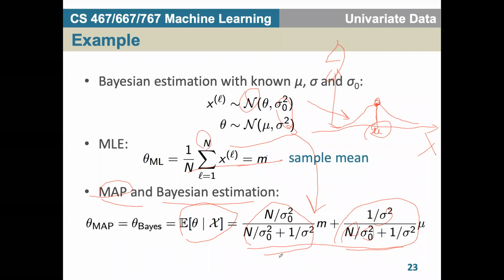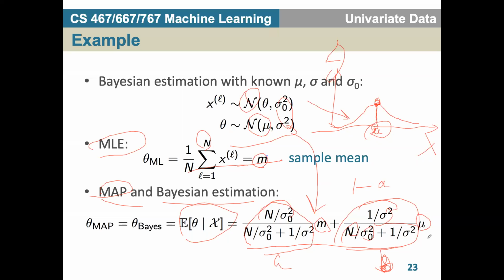So if you treat them as two numbers a and b, it's a weighted sum. M is the most likely value if you don't consider the prior. But if you consider the prior, it says, I really believe the location should be around mu. So you are taking a weighted average. It's not just a and b, it's a and 1 minus a, because the weights sum to one.